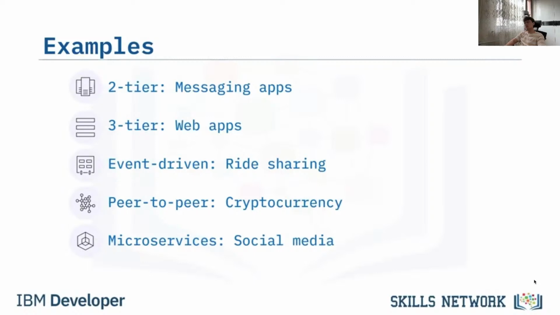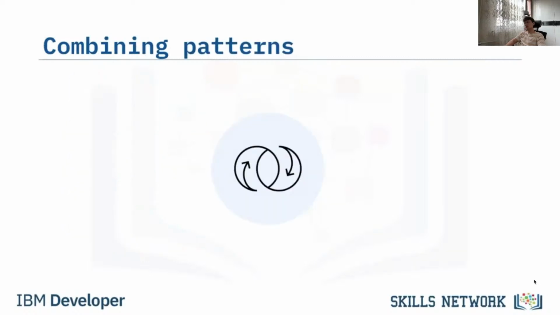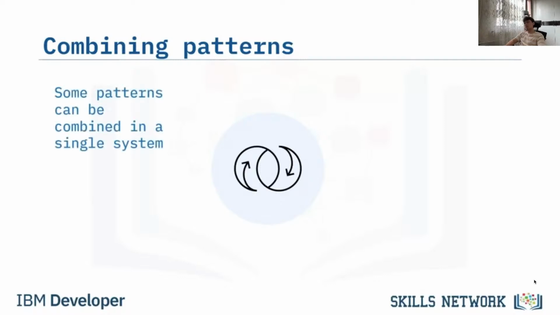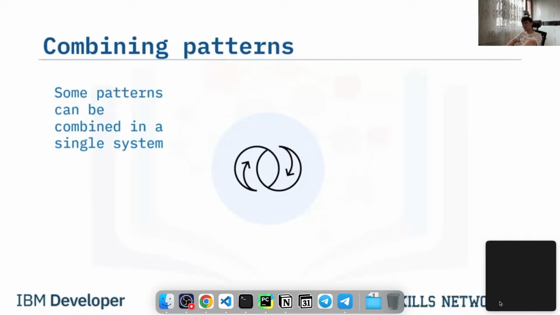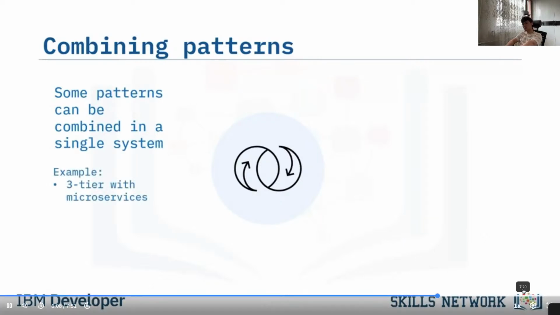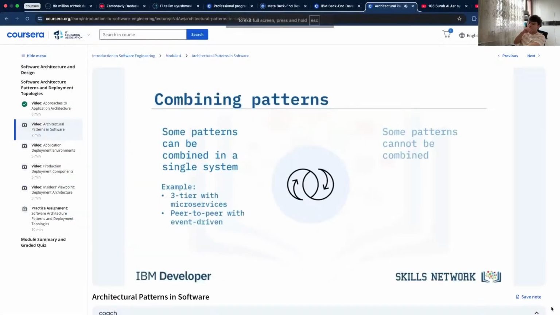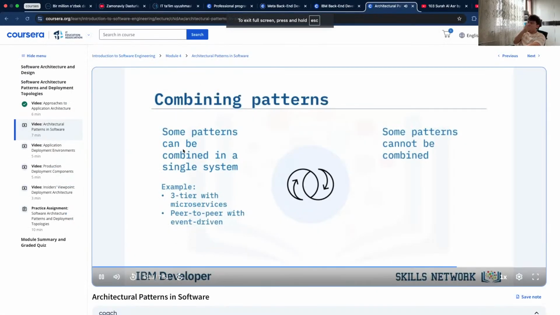Architectural patterns are not necessarily mutually exclusive. In other words, two or more of these patterns can be combined. For instance, a three-tiered architecture can also be microservice-based, or a peer-to-peer architecture can also be event-driven. However, not all architectural patterns can be used in conjunction with others.